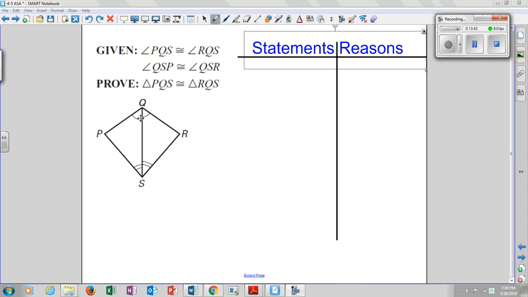So I know that angle PQS is congruent to angle RQS, and that's marked. But I have to write it as a statement. Angle PQS is congruent to angle RQS. The reason is given.